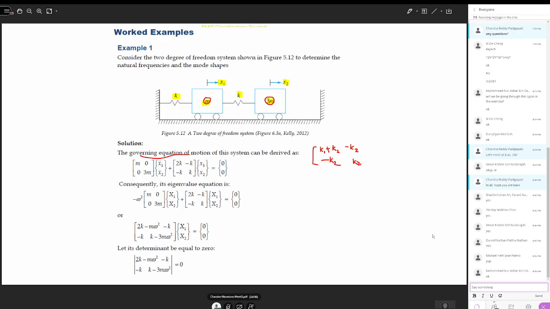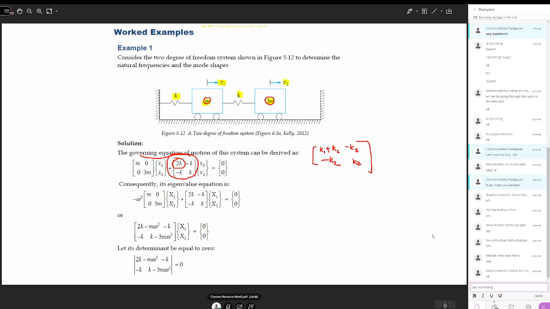Okay, so here you can see the first one, k plus k will be 2k. Then minus k2 is minus k, then plus k2 is plus k. So this will give you the stiffness matrix multiplied by the displacement matrix.